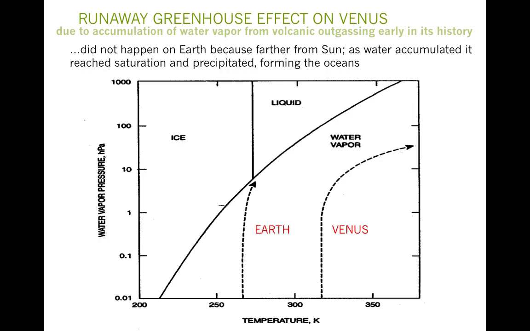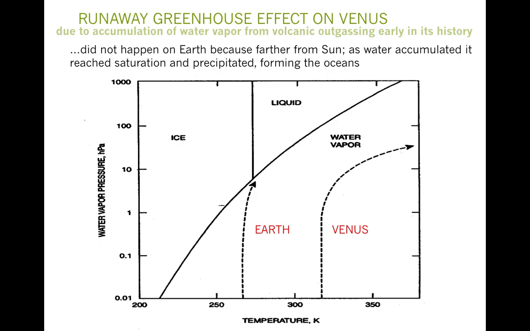So I want to expand on this idea a little bit to understand why there was a runaway greenhouse effect on Venus. So in the class, we talked about why climate change happens, and it happens due to the trapping of long-wave radiation. So carbon dioxide and water vapor in the atmosphere trap outgoing radiation. And what happened on Venus is there was an accumulation of water vapor from the volcanic outgassing early in its history. The same exact thing happened on Earth.